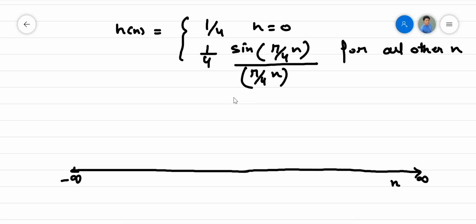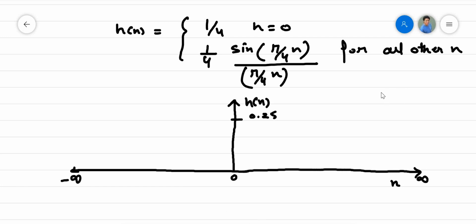We have this function h[n], and at n equal to 0, its value is 0.25. And one can see this sine pi by 4 n.